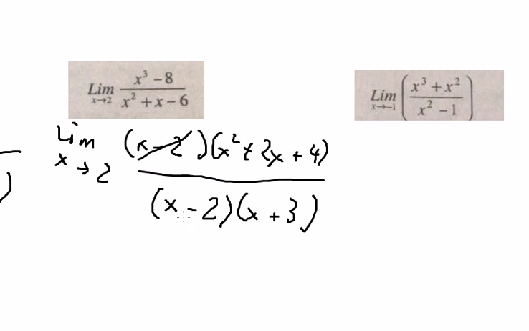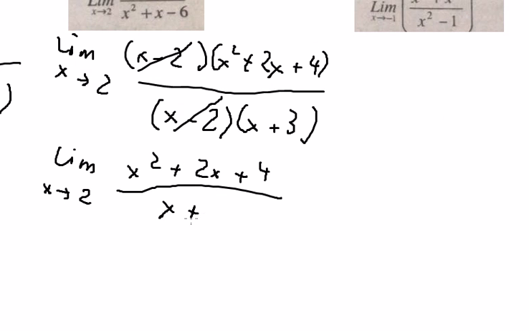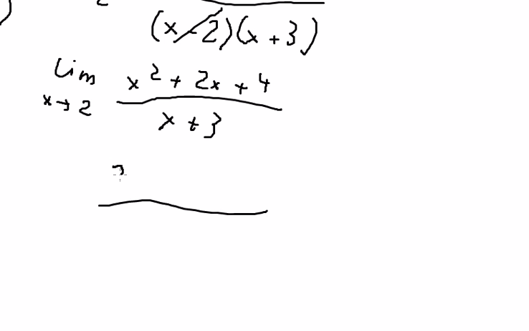So we simplify s minus 2 and s minus 2. So we put number 2 in here, here and here, and you get the final answer. That's 12 over 5.